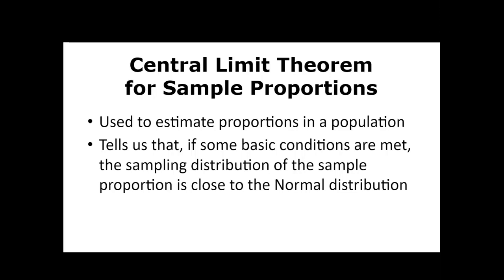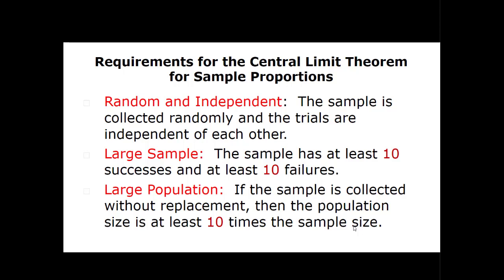There are certain conditions that will allow us to know if the sampling distribution of our sample proportion is close to the normal distribution. In order to use our sample, these three conditions of the Central Limit Theorem must be met. First, the sample has to be collected randomly and the trials have to be independent of one another.